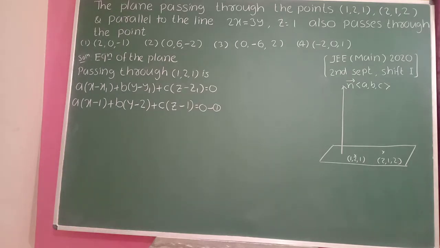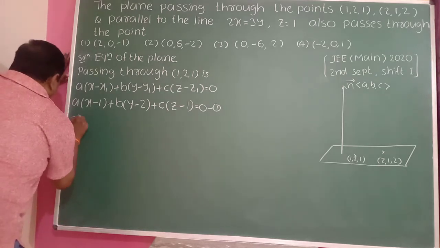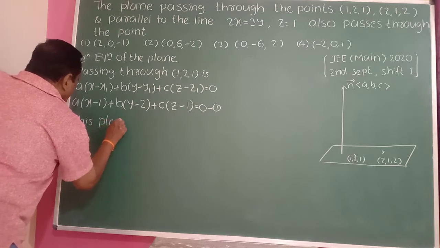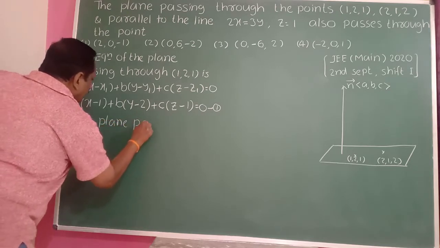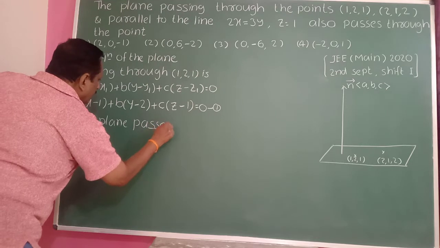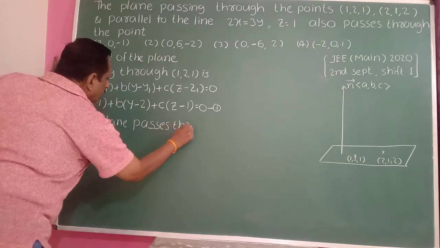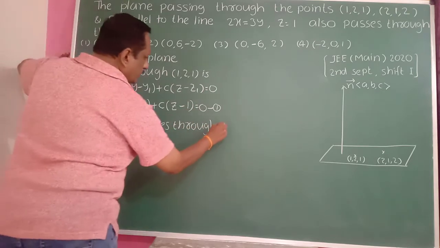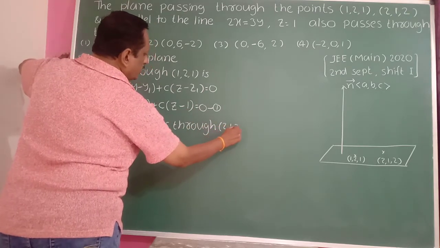So the same plane passes through one more point, (2, 1, 2).